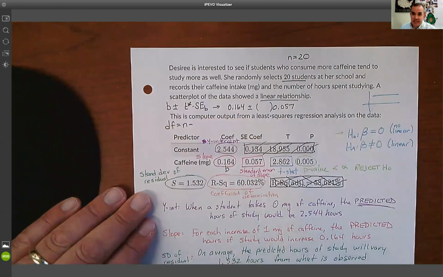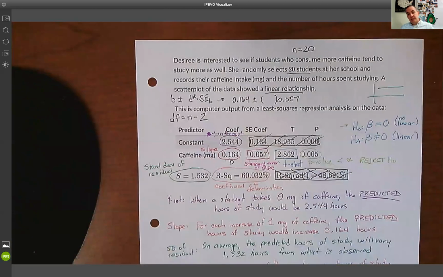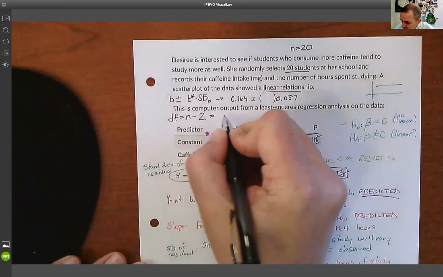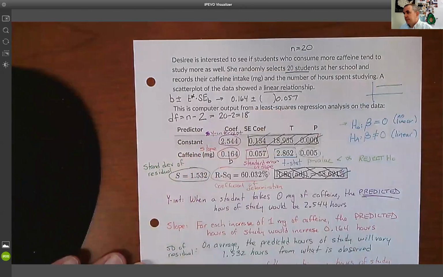This is the only time it's not a -1 situation. This is an n-2. And the reason it's a -2 is because we have an x value, we have a y value, we've got these two variables, so we're going to do -2. So in this case, our degrees of freedom is 20 minus 2, which is 18.